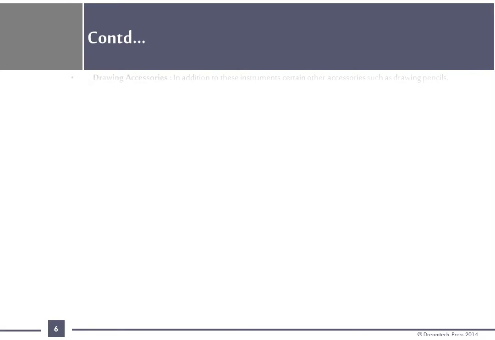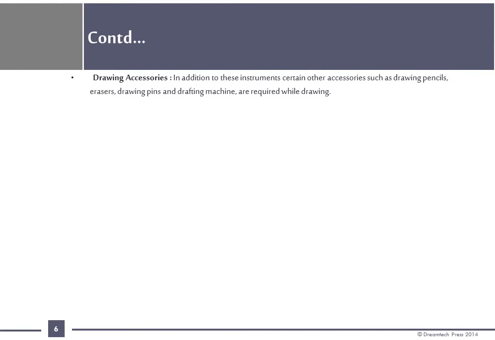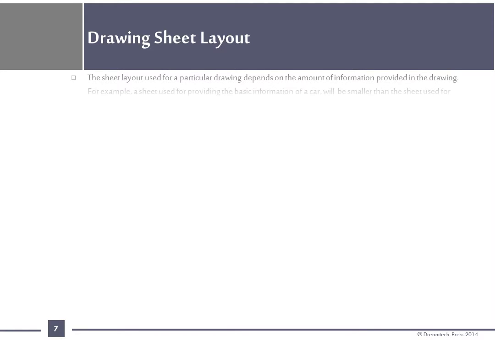Drawing accessories. In addition to these instruments, certain other accessories such as drawing pencils, erasers, drawing pens and drafting machine are required while drawing. Drawing sheet layout. The sheet layout used for a particular drawing depends on the amount of information provided in the drawing.